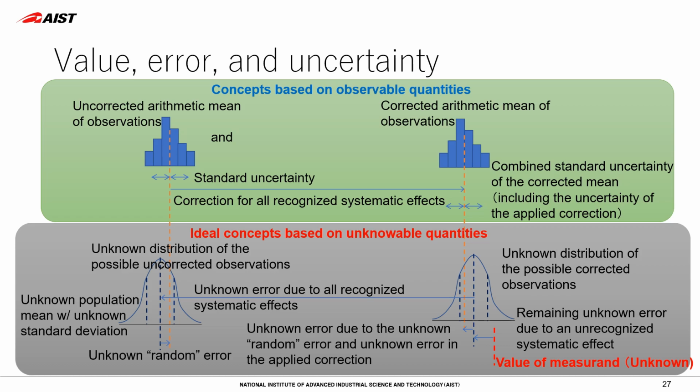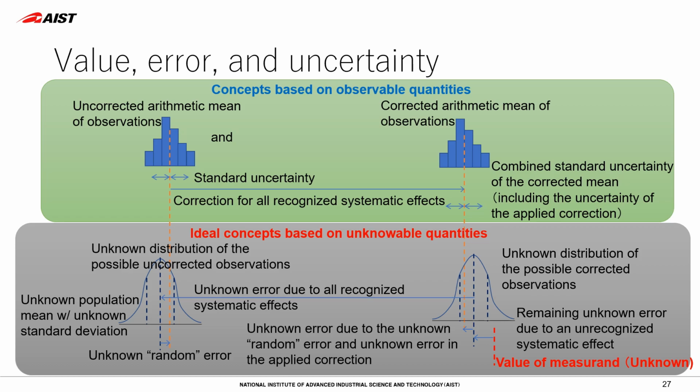When we know some systematic effects that affect the result, these effects should be corrected. And finally, we get the corrected mean of observations. In correcting the observations, the uncertainty of the applied correction should be combined with the standard uncertainty of the repeated uncorrected observations. Now we have done our best effort to estimate the measured value and the dispersion of the quantity.